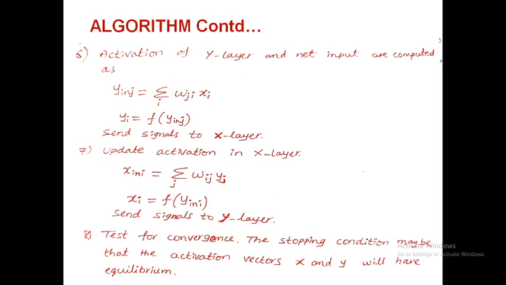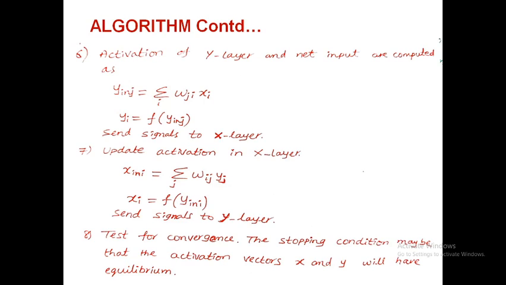That is the 7th step: Xi is equal to a function of X_in_i. Please correct that one. Here I have written that Xi is a function of Y_in_i, but that is actually X_in_i.